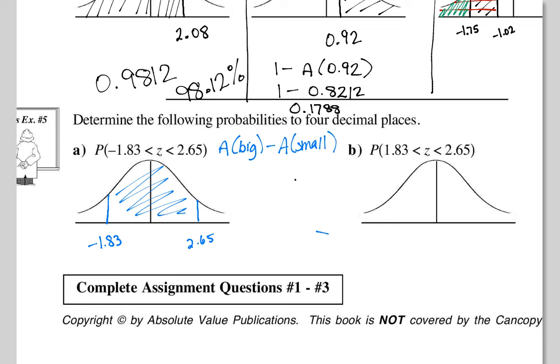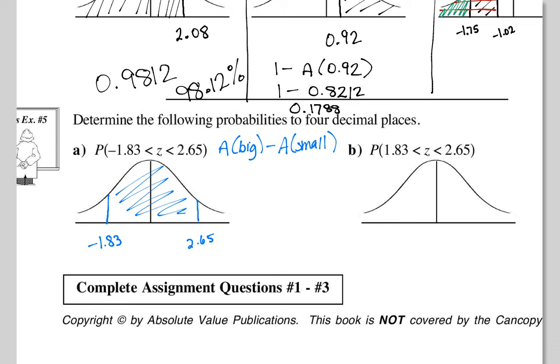Which z-score will give you the big area? The 2.65, right? Because if you're 2.65, you're going to shade all this, right? But if you're 1.83 negative, you only shade this little guy. So it's the big, take off that little guy, and you're left with that chunk in the middle. Hopefully that makes sense.